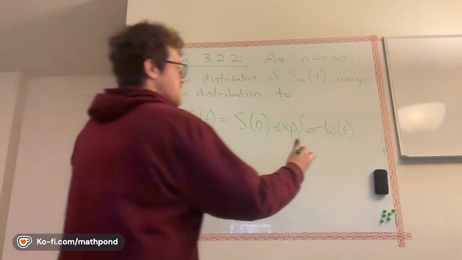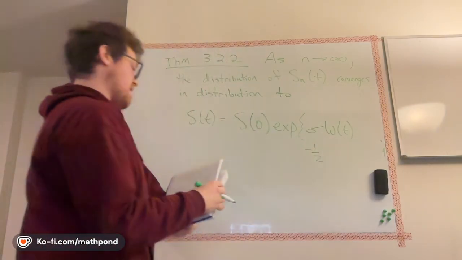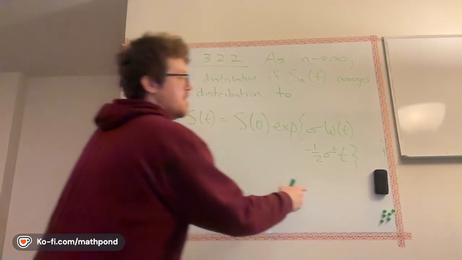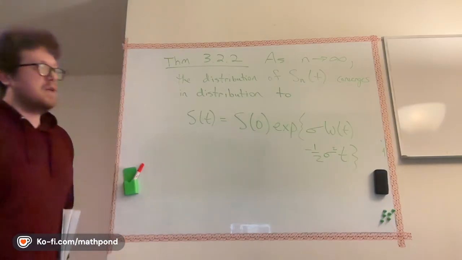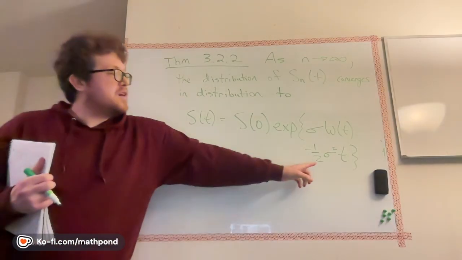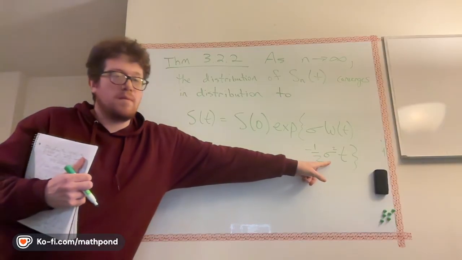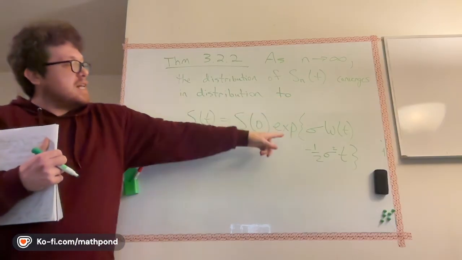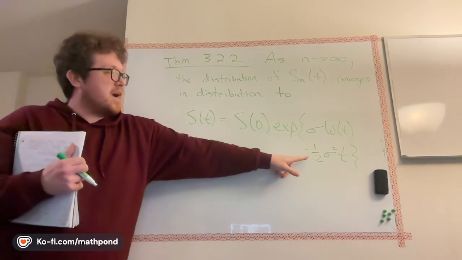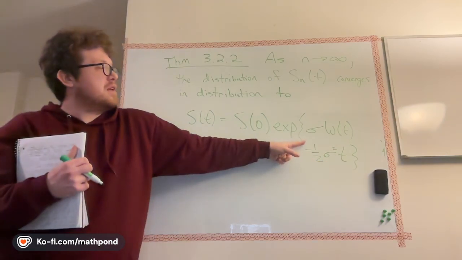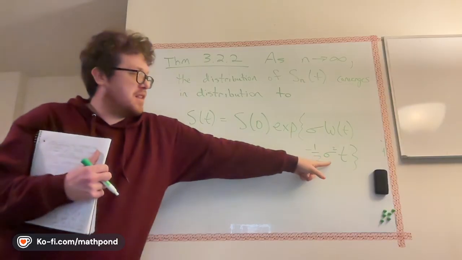And then minus 1/2 sigma squared t. And this is also a very important part, this minus 1/2 sigma squared t. That means that the variance of our Brownian motion is essentially compounding in a negative way. So over time, we're actually losing exponential growth based on this volatility.